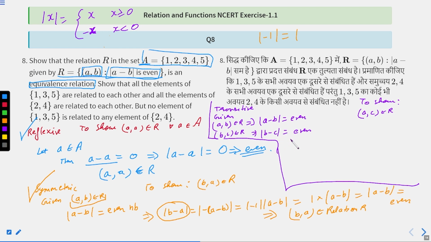Now what you can say is that if |a - b| is even, then a and b must both be even, because even minus even will be even.